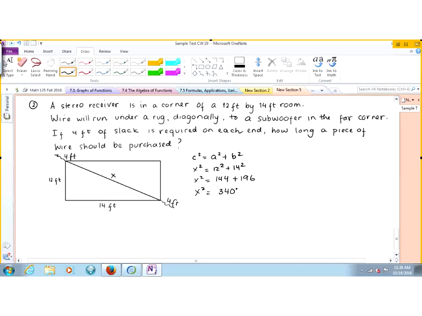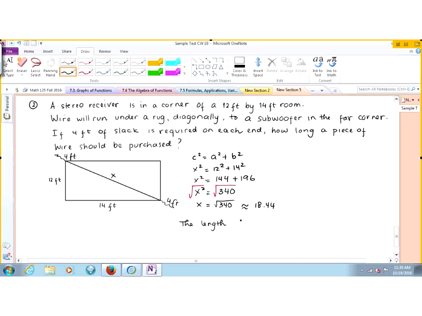Oh yeah, 340. What about x? So square root of 340, right? I should put plus or minus, remember, but can it be negative? No, so that's why I'm ignoring the negatives. When I take the square root of both sides, I need to put plus or minus here. All right, which is approximately what?